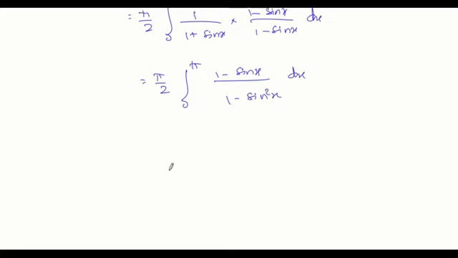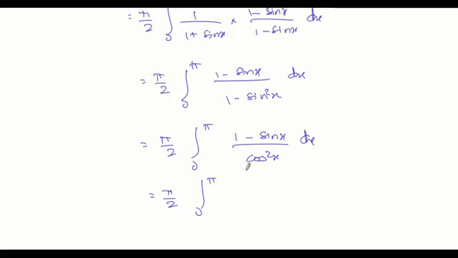Okay children, so therefore it is pi by 2 integral 0 to pi, and 1 minus sin square x is nothing but cos square x. So 1 minus sin x by cos square x dx. So therefore pi by 2 integral 0 to pi, it is 1 by cos square, secant square x, minus sin by cos square, which means sin by cos and 1 by cos, it is nothing but secant x into tan x dx.